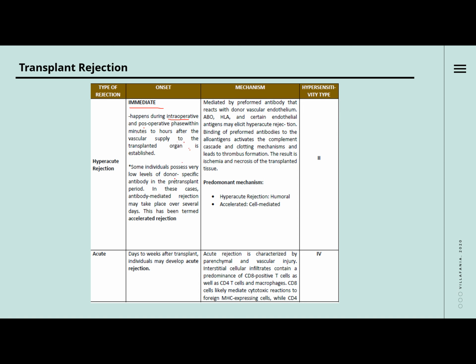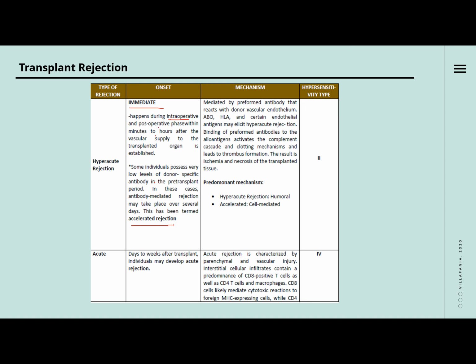Some individuals would possess very low levels of donor specific antibody in the pre-transplant period. In these cases, antibody mediated rejection may take place over several days, and this has been termed as accelerated rejection. So sa hyperacute class, it could occur during the operation itself while you are performing transplantation or hours or minutes after the operation.